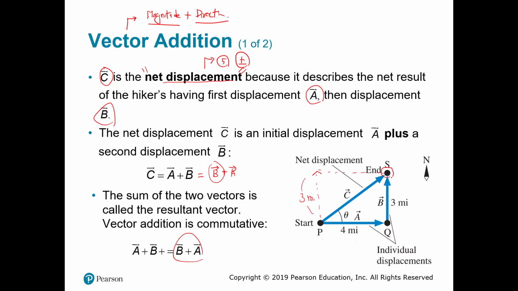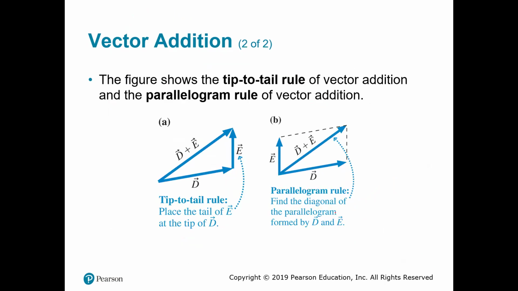So your final position here is anyway the same location. So again, if you connect your initial position and your final position, this is your C vector. Of course, the C vector has its own magnitude and direction. We'll talk about it.